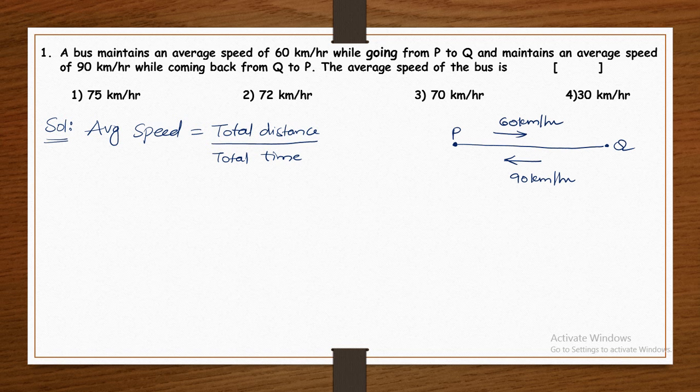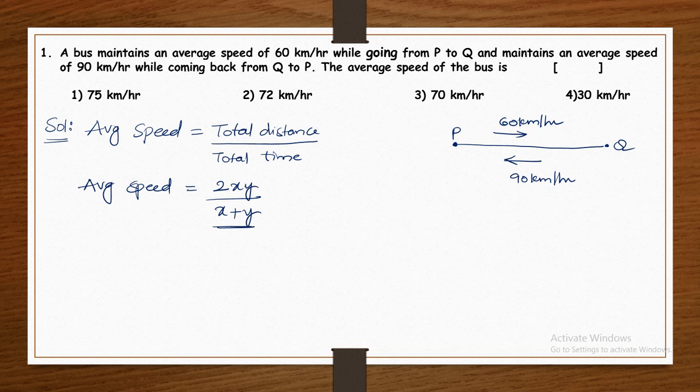Whenever the distance is the same, then directly we can make use of a formula. Remember this formula: when a particular vehicle is moving with two different speeds but covering the same distance in both the cases, the average speed is given by 2xy divided by x plus y.